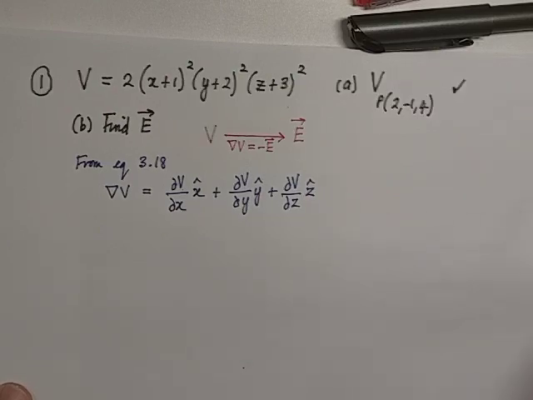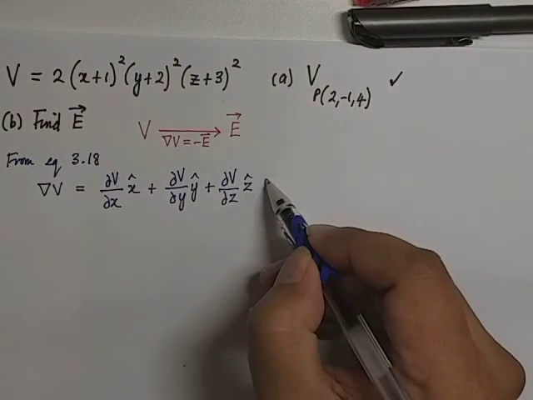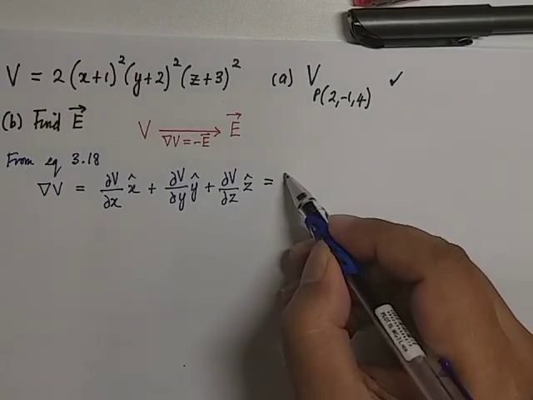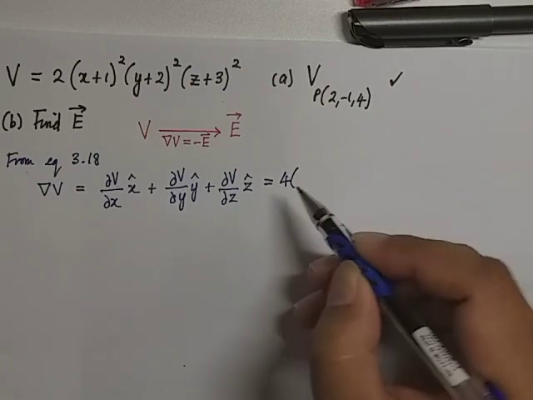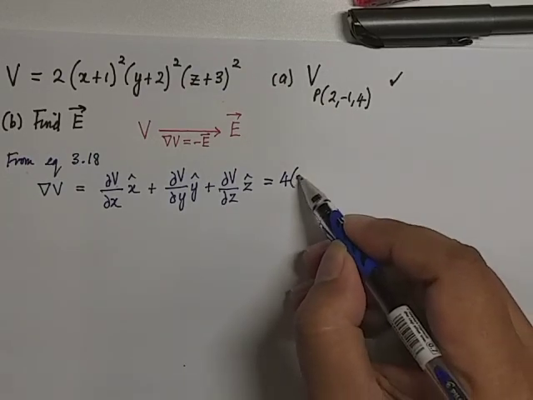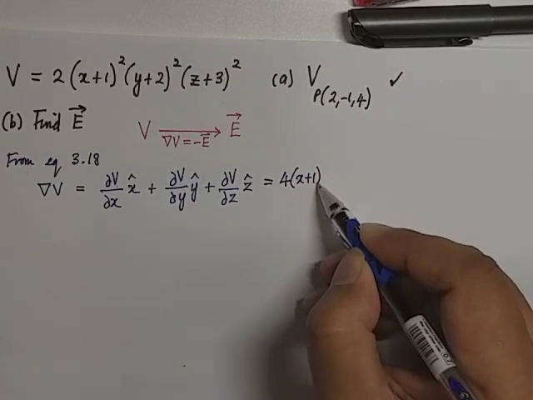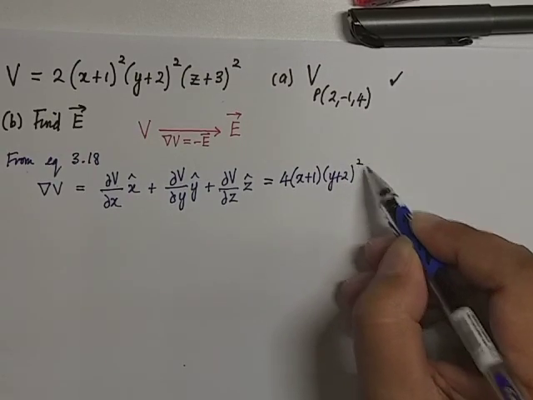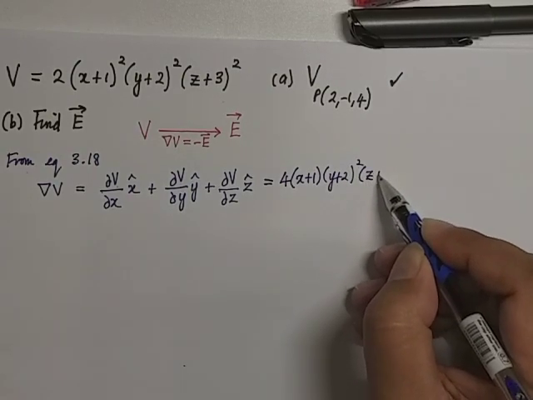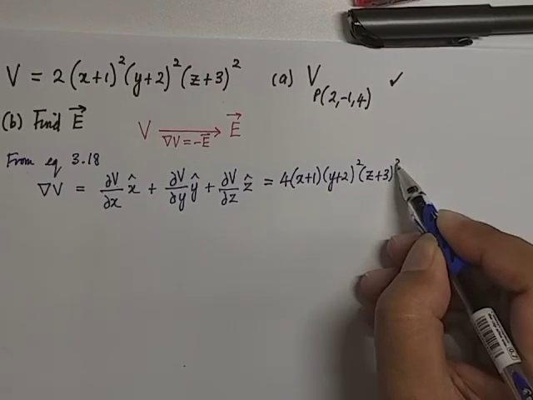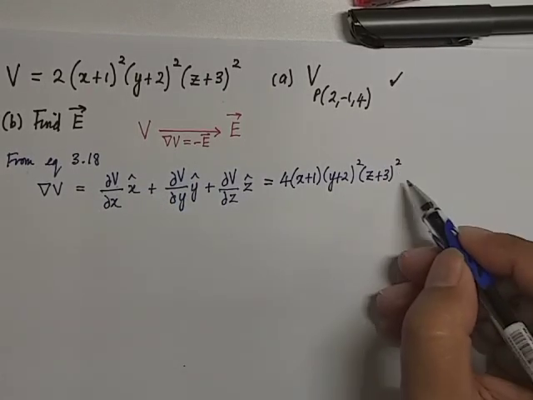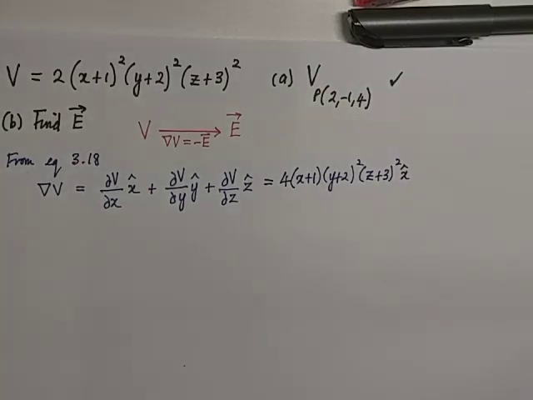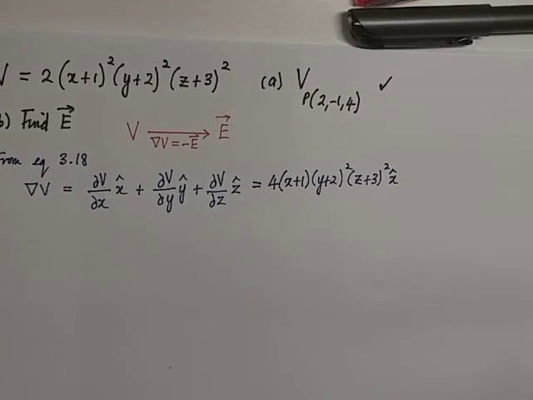When you do that, what you're going to have is, for x: 4 times (x+1), (y+2) squared, (z+3) squared, and please add the direction x. That should be the first differentiation.